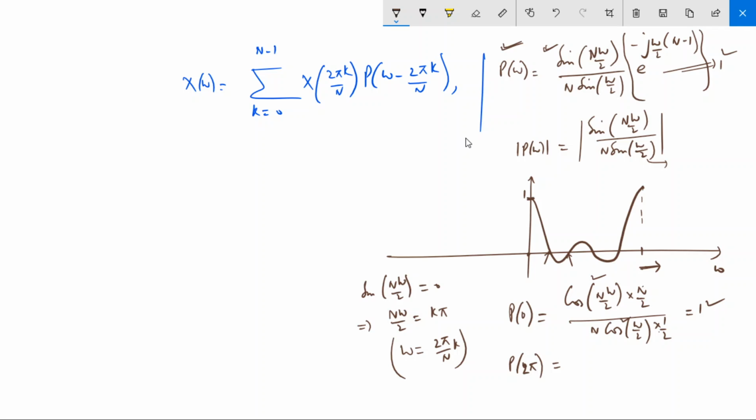So for k equal to 1, at 2 pi by n it will be 0. Then for k equal to 2, at 4 pi by n it is again 0, and so on.